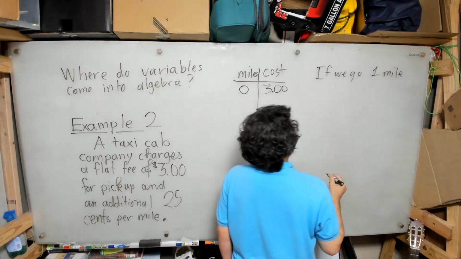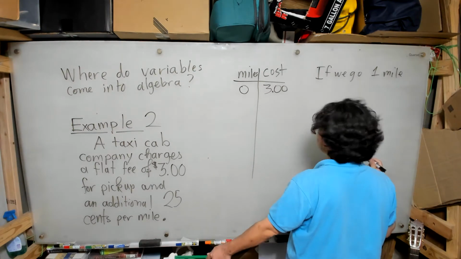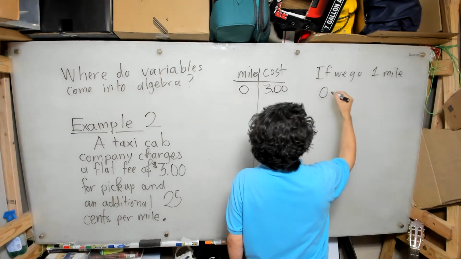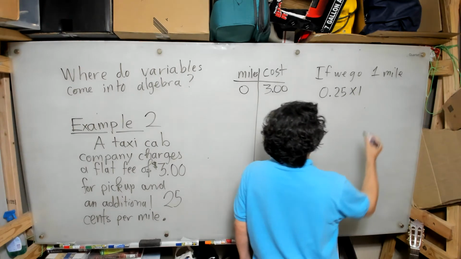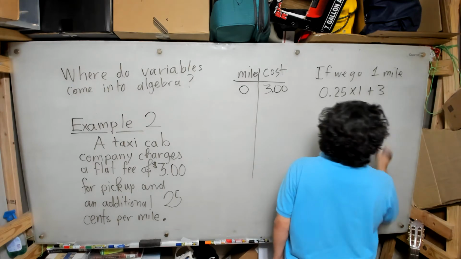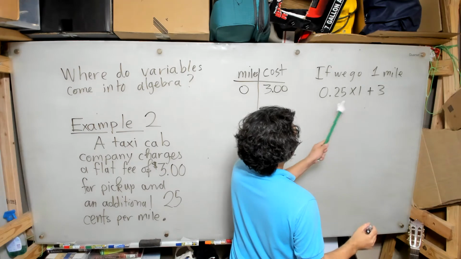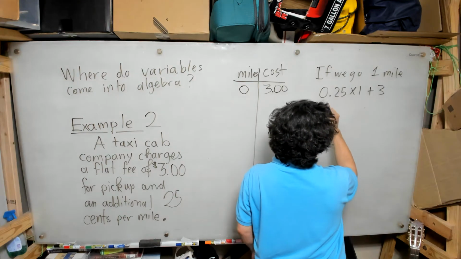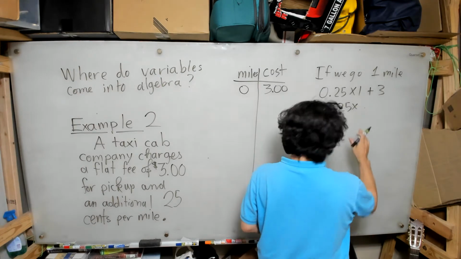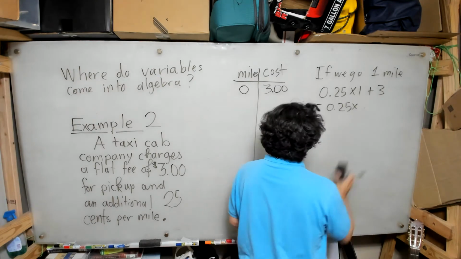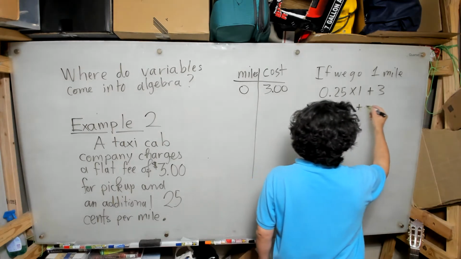I know that what I'm going to end up doing is I'm going to say, okay, additional 25 cents per mile, so 0.25 times 1 plus the $3 flat fee. Now I know anything times 1 is just that thing, so this will simplify to 0.25, plus 3.